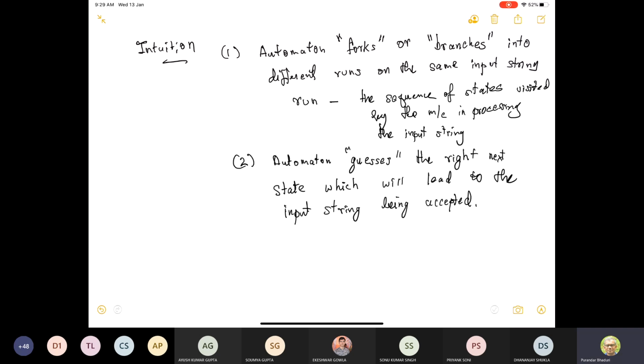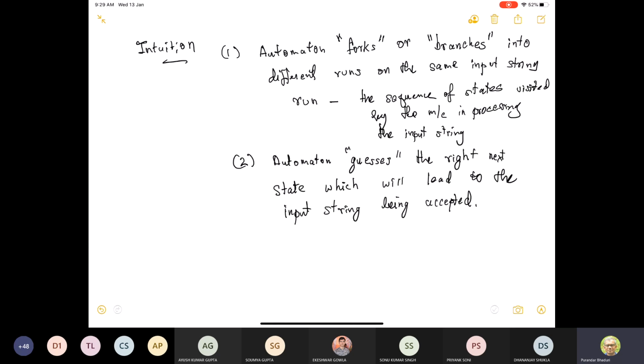There are all kinds of choices. As long as one of those choices or sequence of choices leads to acceptance, the input string is accepted. Another way of putting that is to say that the automaton just guesses the right next state which will lead to acceptance.